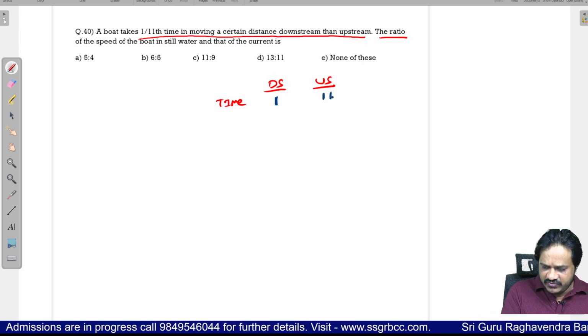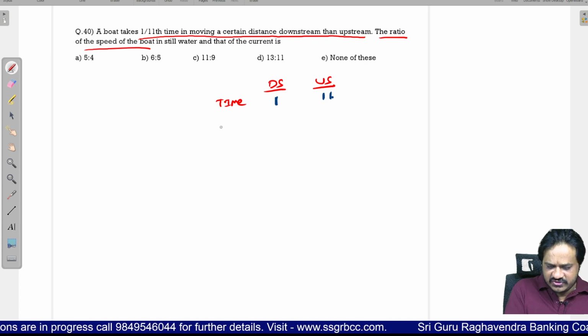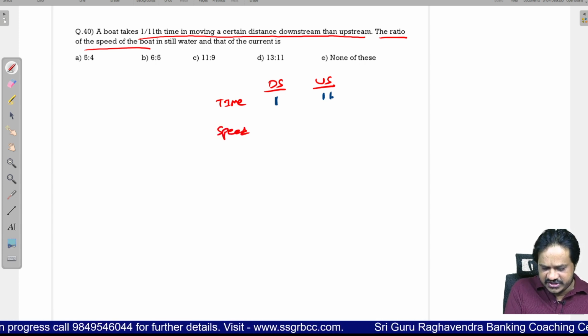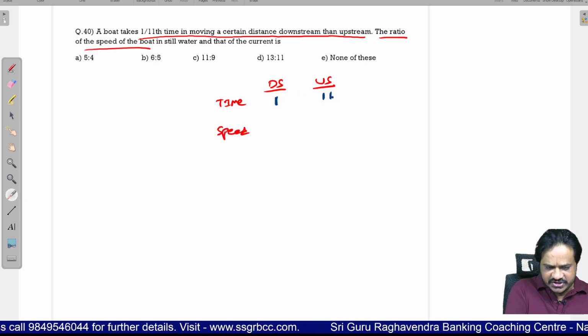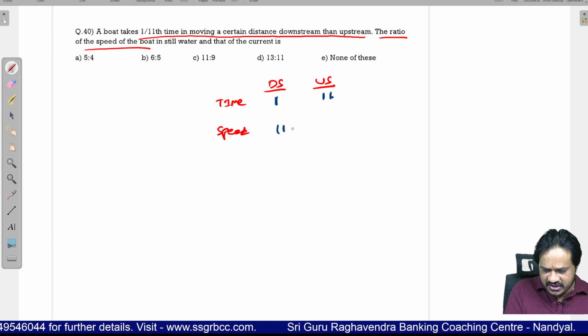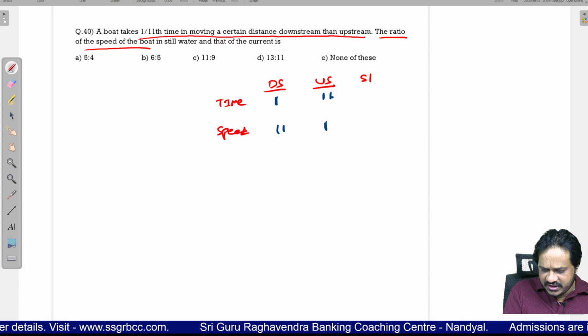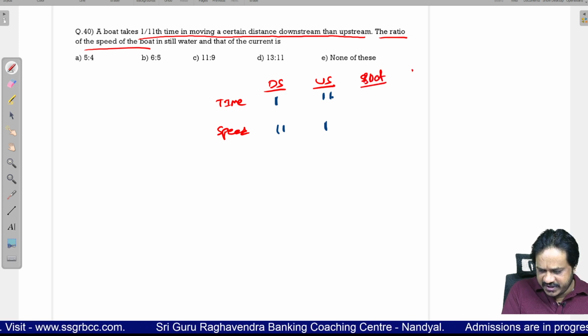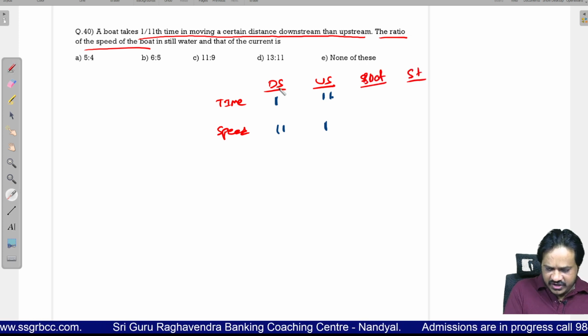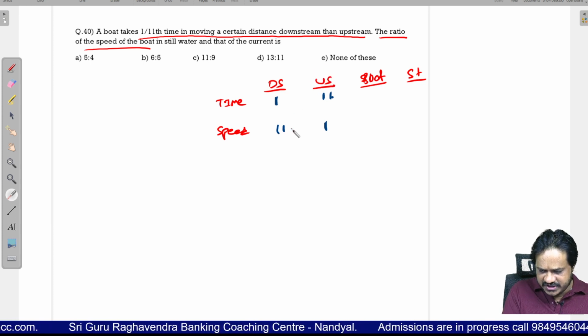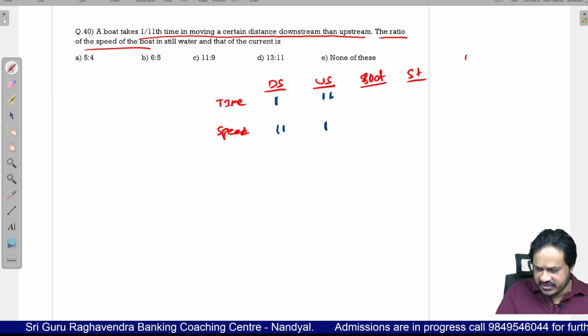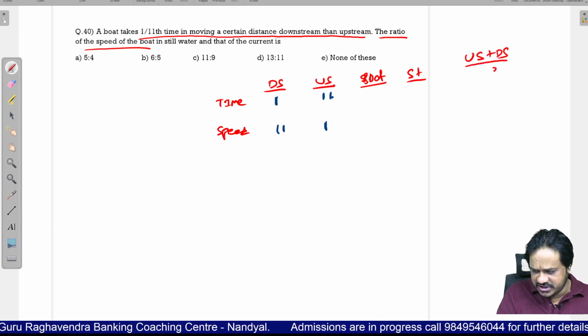But we want the ratio of the speed. So we have to take speed ratio. If we take speed ratio, time ratio 1 is to 11, speed ratio will be 11 is to 1. And how to find the boat speed and stream speed? Whenever we are having downstream and upstream speed, boat speed is nothing but upstream plus downstream divided by 2.